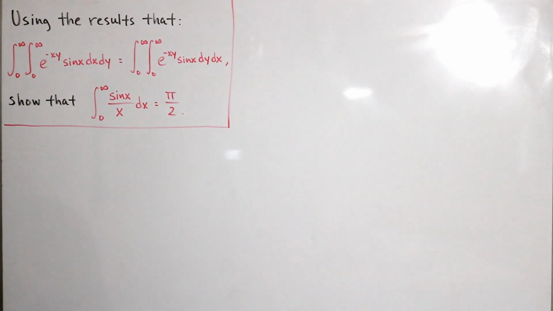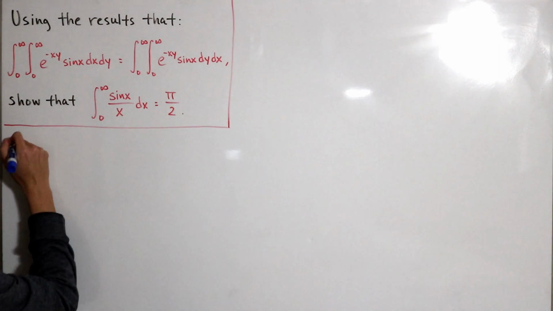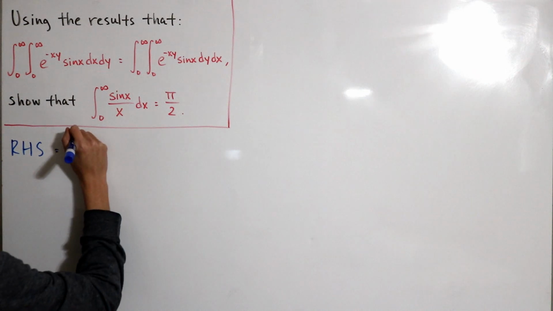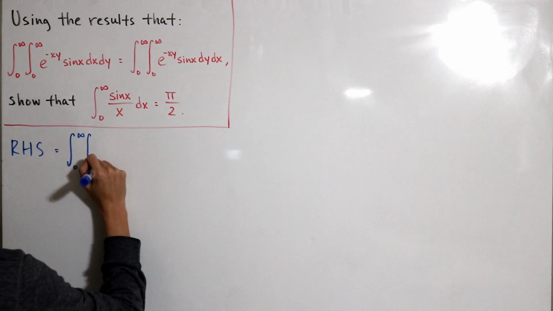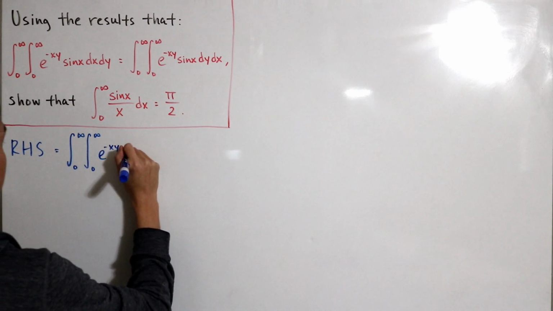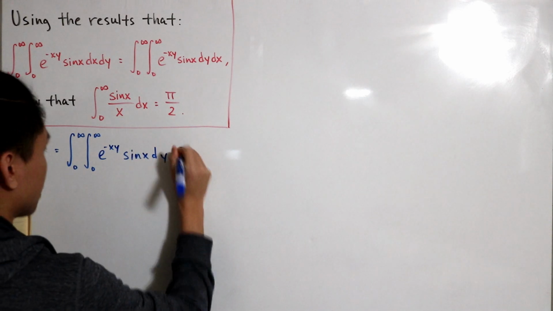Okay, so let's say the right hand side, RHS, we're going to set equal to the double integral, so they share the same bounds: e to the negative x times y, then times sine of x dy dx.